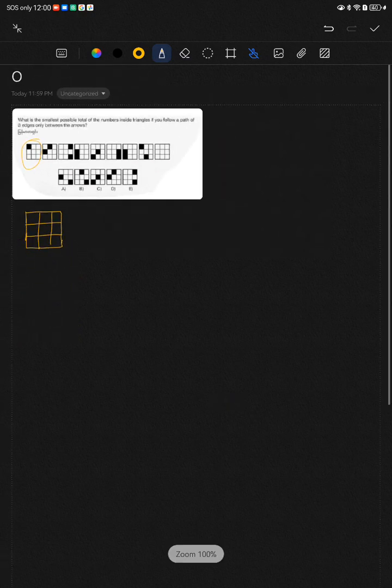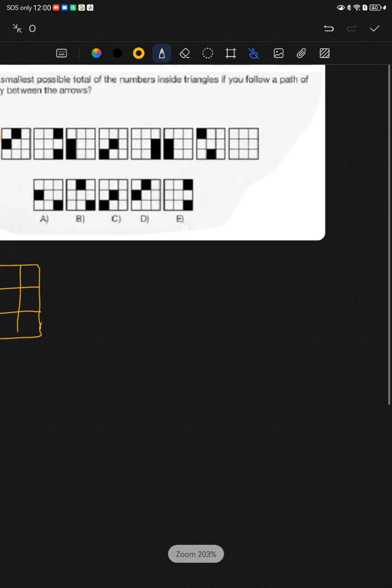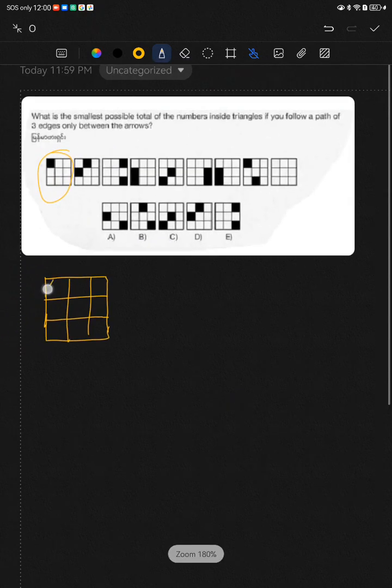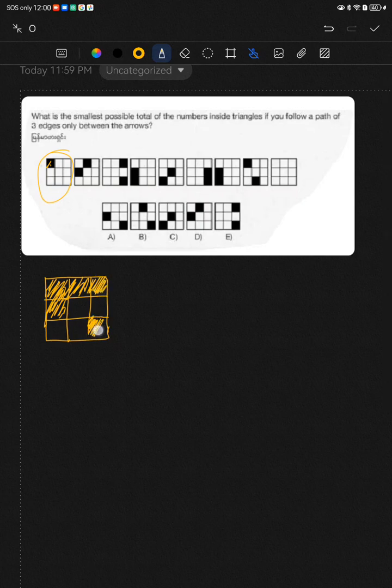I'll cover the first grid as shown here, then the second grid with these, and then the third grid. Using this, it'll be much easier to spot a pattern. Now draw the second.